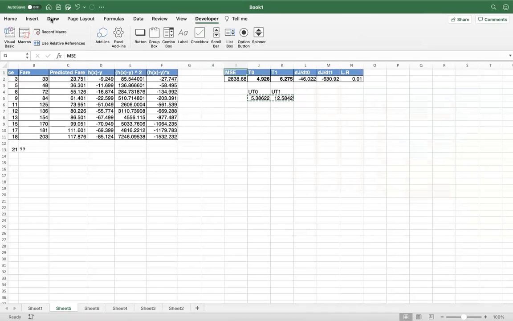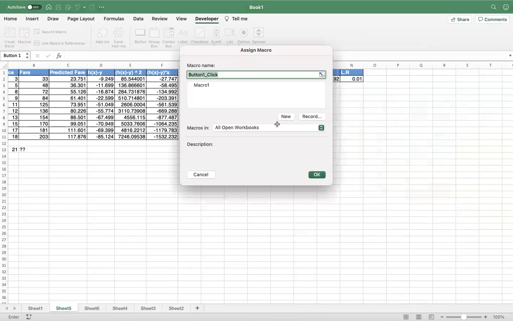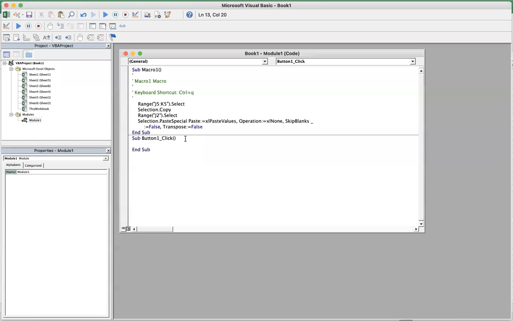Now I'm going to say, once this button is clicked, I'm going to copy this formula that we have recorded as a macro.